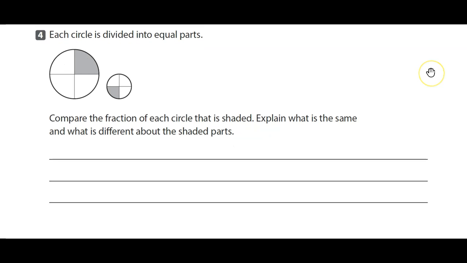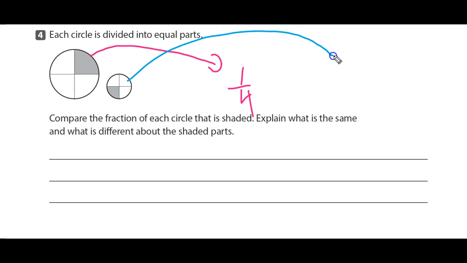Says each circle is divided into equal parts. Compare the fractions of each circle that is shaded. What's the fraction for this one right here? That's shaded. 1/4, yes. And the fraction for this one that's shaded? 1/4. Listen carefully. Are the fractions themselves equal to each other?